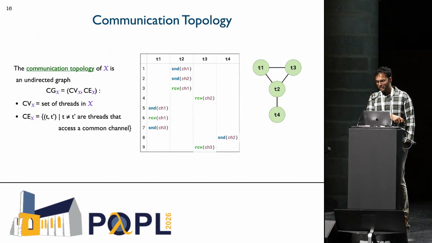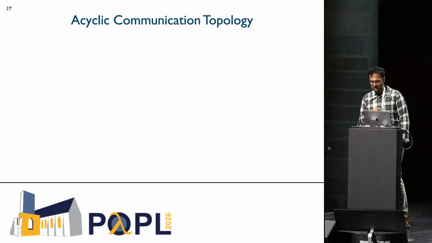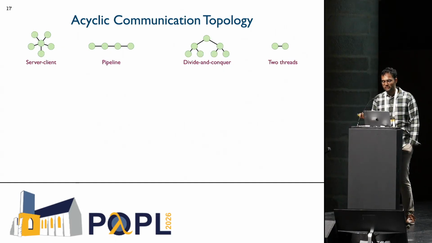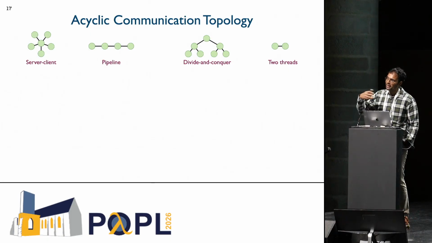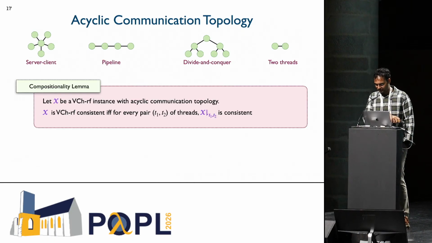If that graph turns out to be acyclic, then you can solve this problem in quadratic time, thanks to a very nice compositionality lemma, which says that in such a case, you can decompose this problem into pairwise threads and solve each of these problems in pretty much linear time. Therefore, in total, you can solve the whole problem in quadratic time.